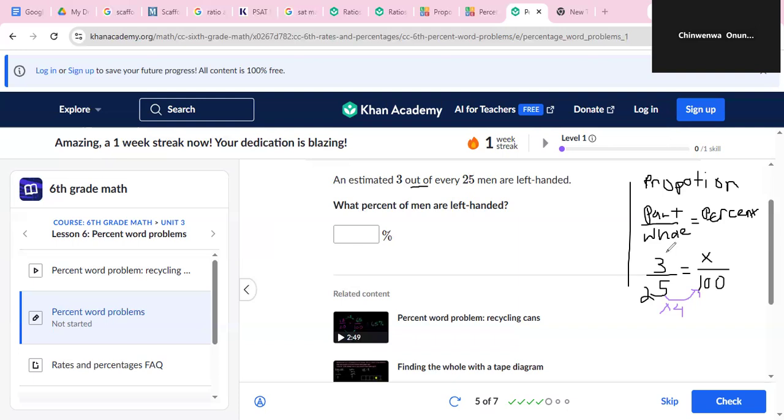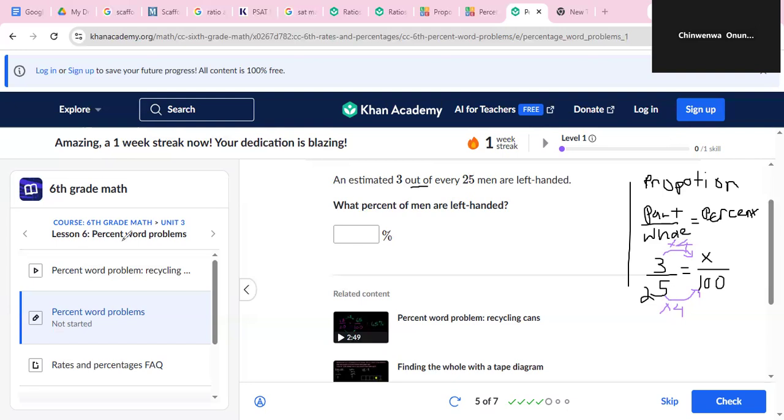What you do on the bottom, you've got to do on the top so that your fractions are equivalent or equal. So since we multiplied on the bottom to go that way, we're going to multiply the top by 4. We get that X is equal to 3 times 4.